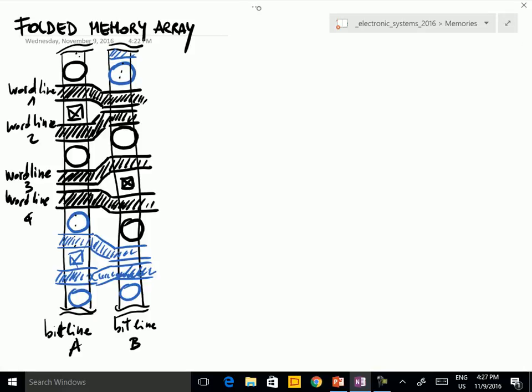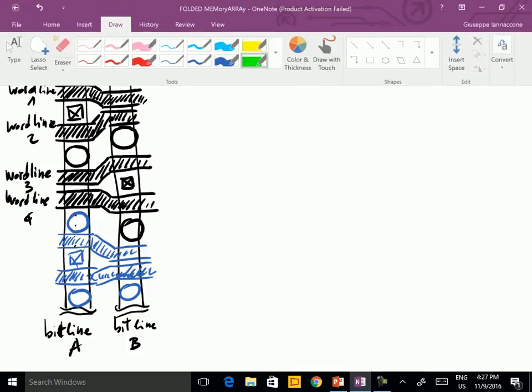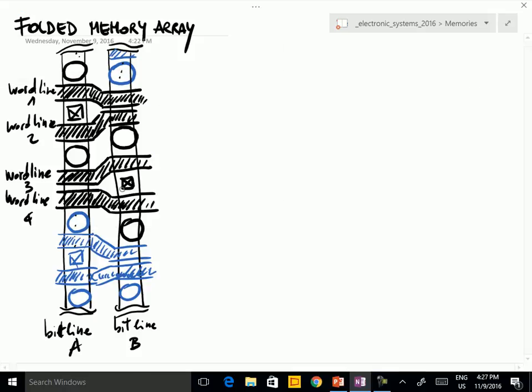Now, if we want to compute here the memory area, you can see it is larger because we have 2 additional crossings here. So, if this is F and this is F, again we have here 2F, but then the vertical dimension of the cell is F plus F plus F plus F plus F plus F plus F for the other 2 word lines. And therefore, if we sum everything, there's an F for the space.